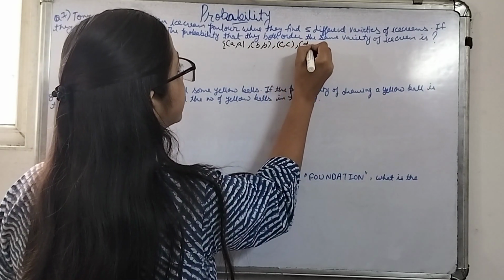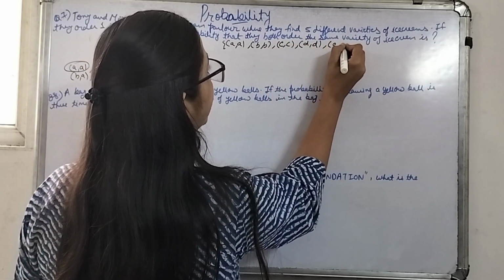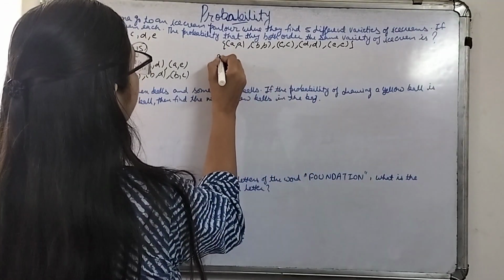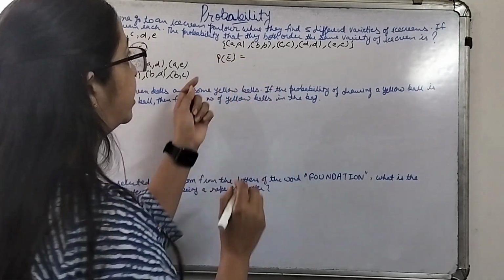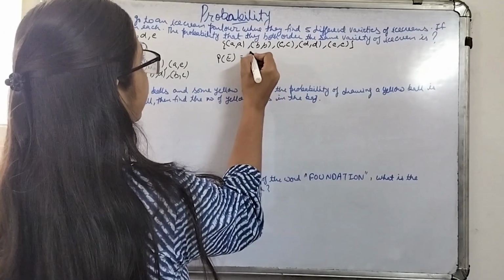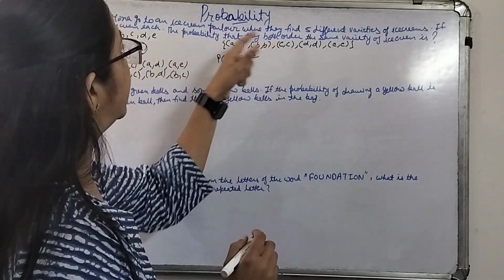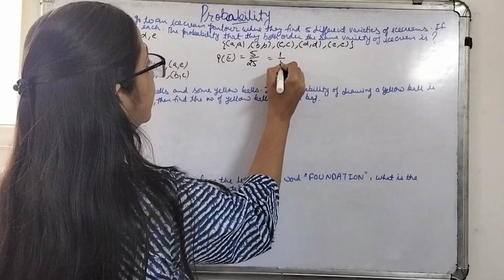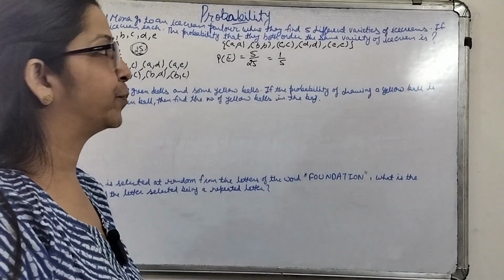That is, these are the 5 favorable outcomes. So probability will be total number of favorable outcomes, that is 5, over total number of possible outcomes, that is 25. So it will be 1 upon 5.